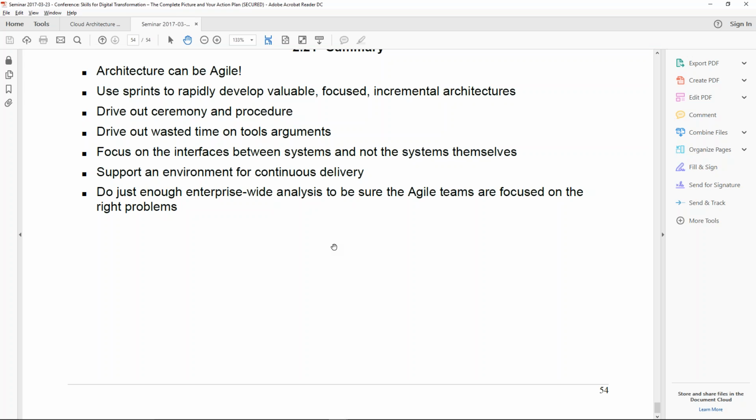Focus on the interfaces between systems, and we're in pretty good shape. Heavy focus on continuous delivery practices and tooling and safety rather than manual reviews is a really good idea. And architecture needs to be part of the conversation to make sure somebody's paying attention to the enterprise problems and that the problems are at the table along with the business problems.